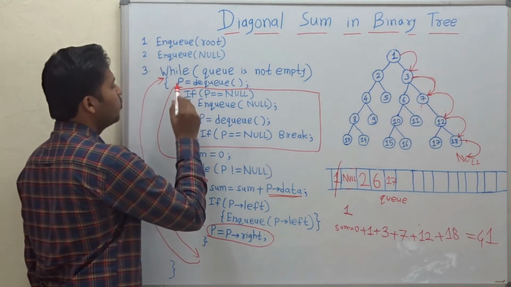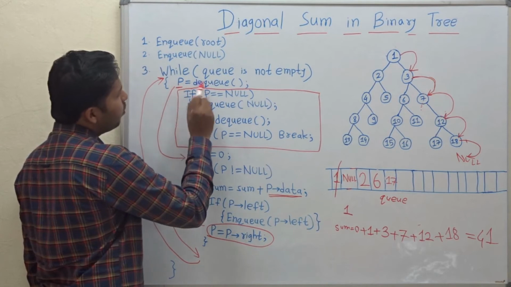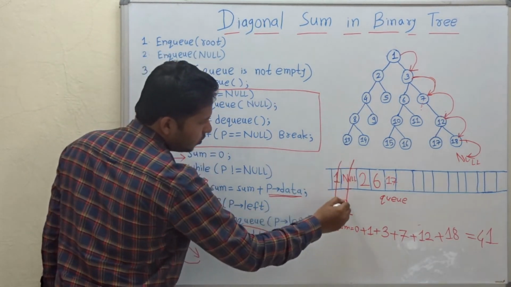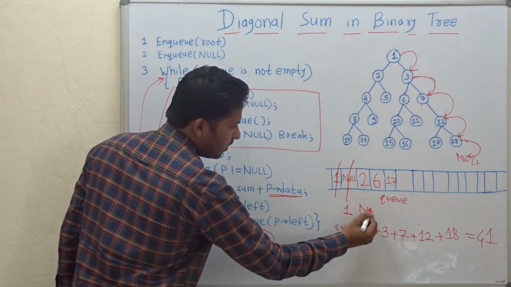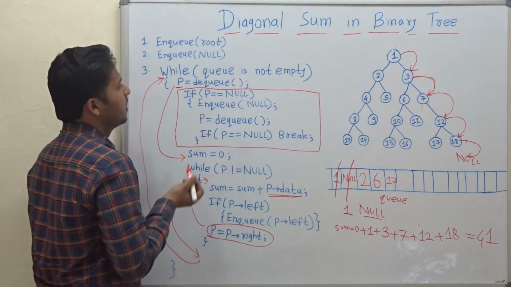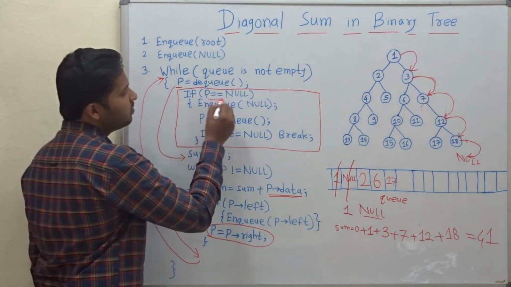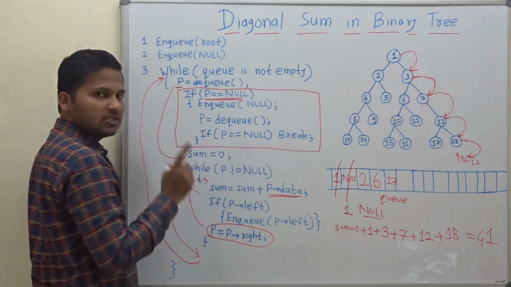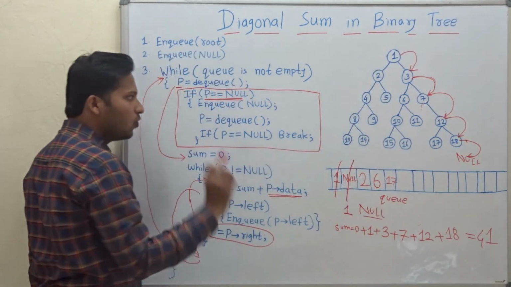In this outer while loop, we again dequeue and P will point to the dequeued element. So let's dequeue. When we dequeue, we get null now. This is the dequeued element. When P is equal to null, this is important, it means the first diagonal is over, the ongoing diagonal is over.